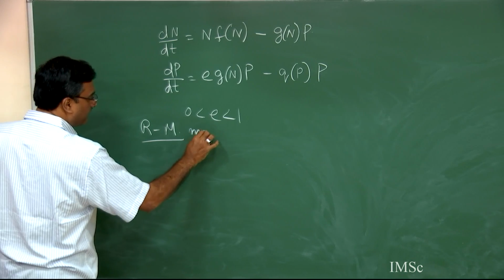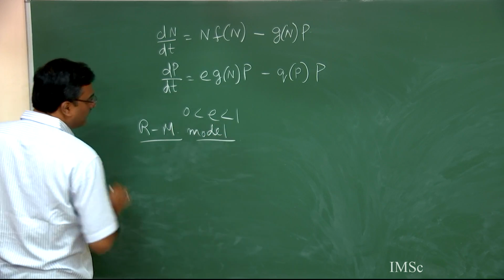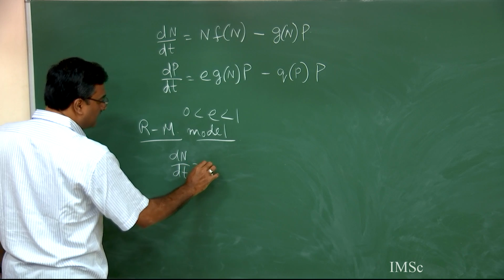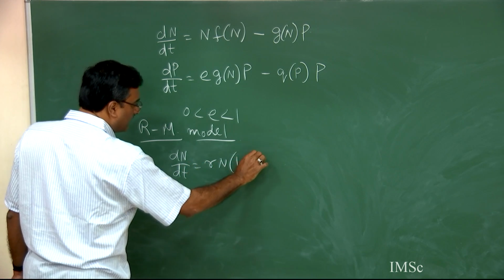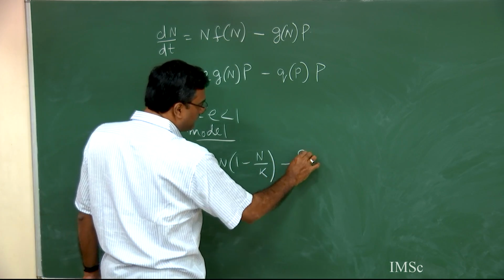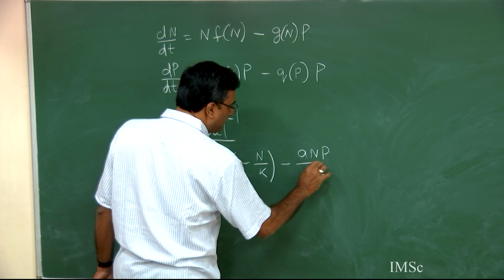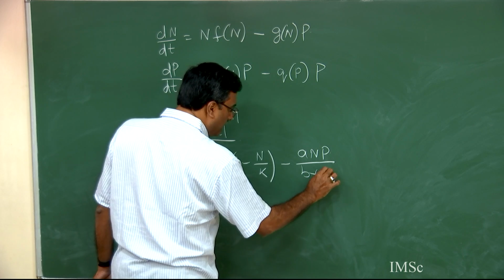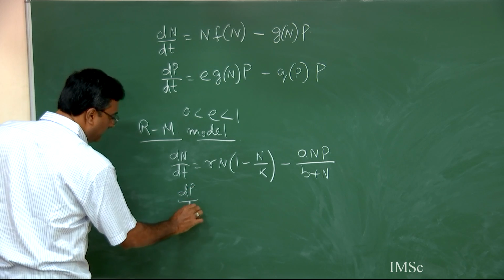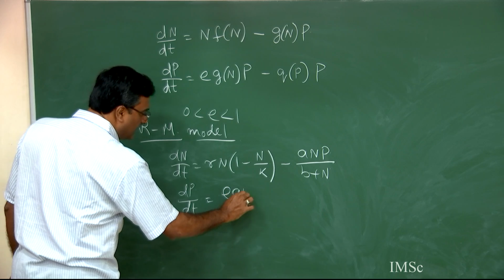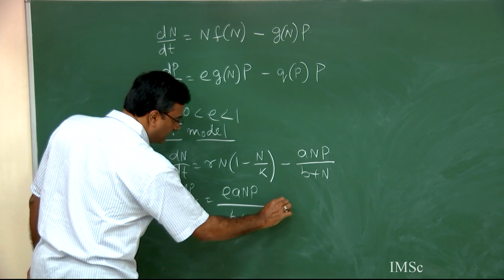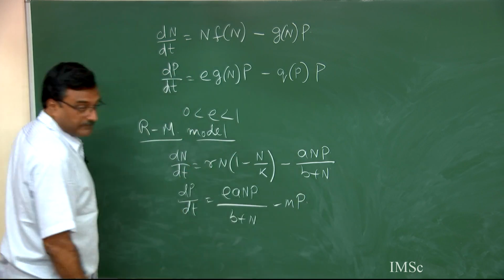the Rosenzweig-MacArthur model. This Rosenzweig-MacArthur model is defined by dn/dt equal to r n (1 minus n/k) minus a n p divided by (b plus n), and dp/dt equal to e a n p divided by (b plus n) minus m p.